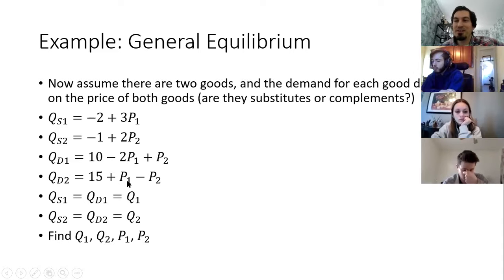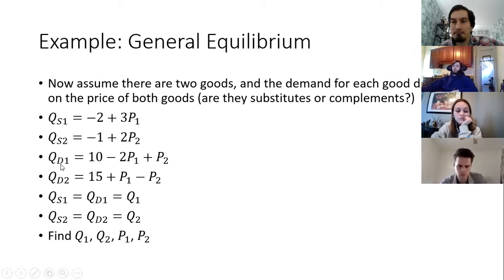So can anybody use some economic intuition and tell me, are these goods substitutes or complements based on that? Use some microeconomics. So the demand for good one has a plus P2 on it. That means when the price of good two goes up, there's more demand for good one.